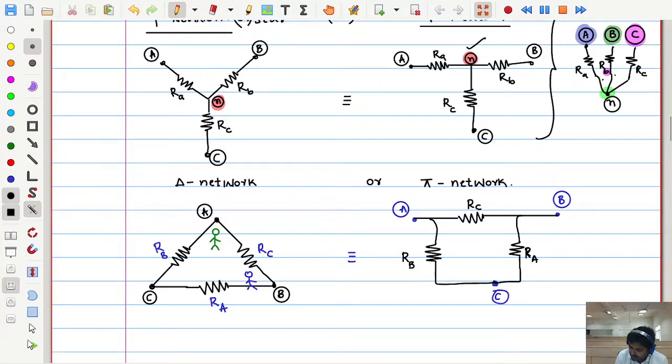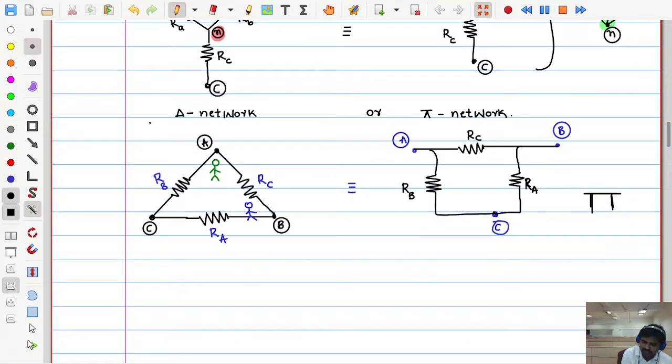So the same network can be redrawn like this also, which looks like a pi shape, like this kind of pi shape. So we can call the delta network a pi network also. Whatever the naming may be.